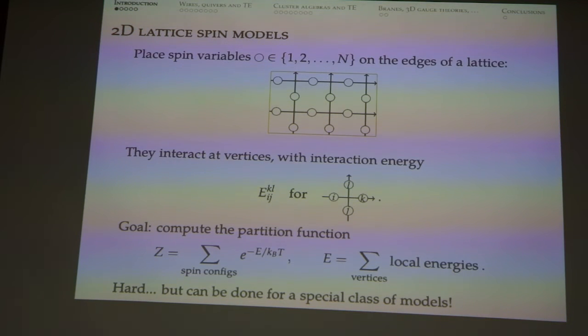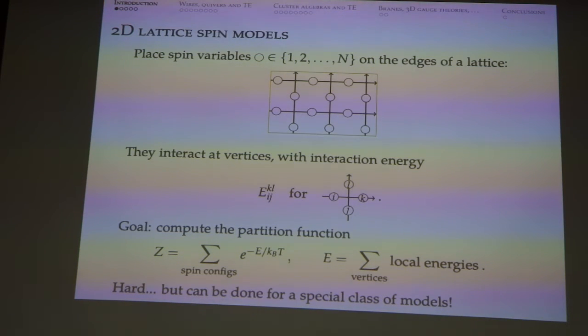A two-dimensional lattice spin model is some model of a physical system in which you have something called spin variables. Let's say that we have spin variables. Each circle represents a spin variable.